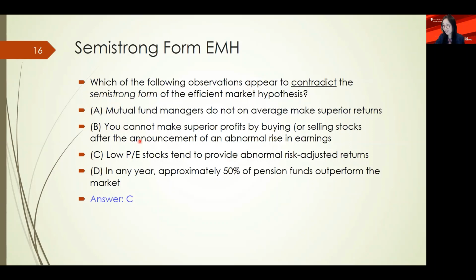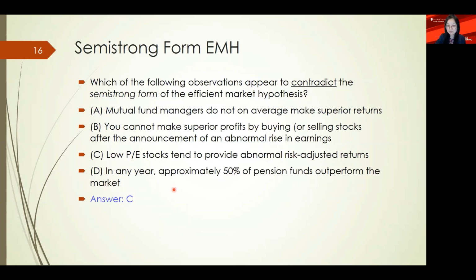Okay, so why is A incorrect? Because we consider mutual fund managers to have private information. They do not outperform the market. That supports the strong form EMH, but that doesn't contradict the semi-strong form EMH.